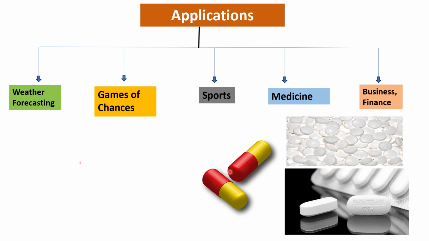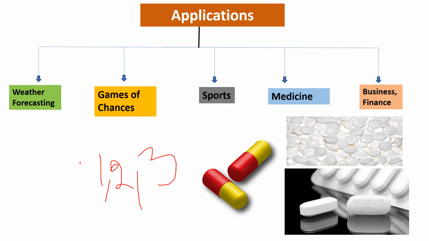Here is an example. This is the capsule, and this is Dolo 650, I think, and the one down here is paracetamol. For example, consider 3 people, 1, 2 and 3.